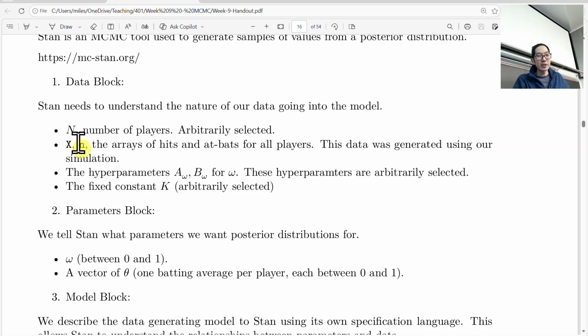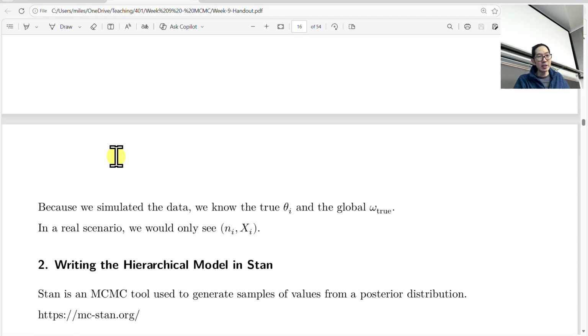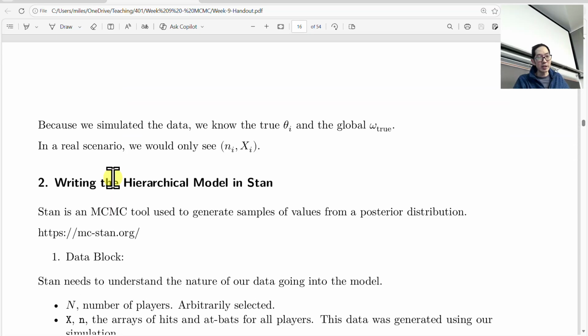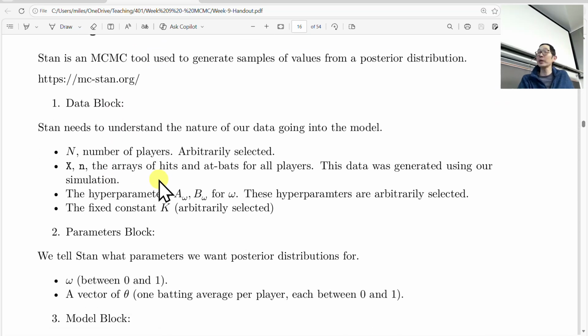Okay. We're going to give it the data that we have, the X and the N inside our data block, which is the number of hits and at bats. We give it the hyperparameters for, actually these are the hyperparameters. Wait, now I'm confused.